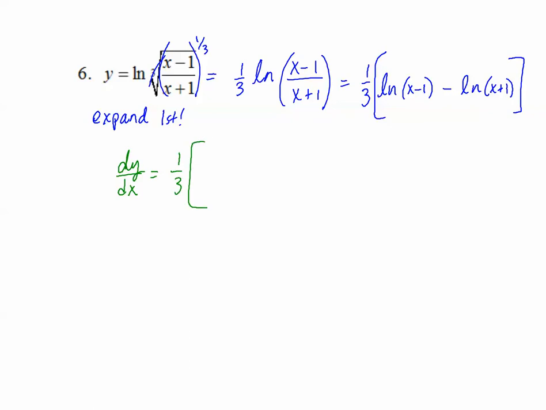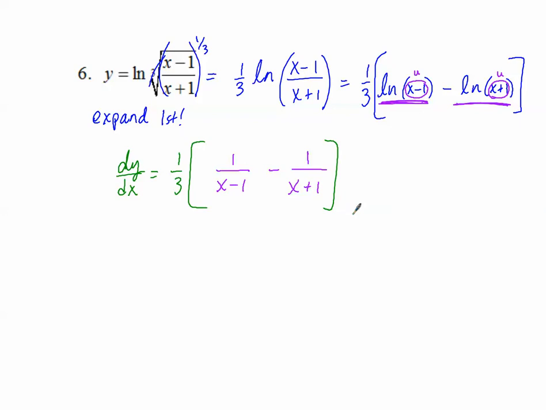Now I look at my first, and I think here's my u inside the x minus 1. U prime is 1. U is x minus 1. Notice how there's no natural log in the derivative. Minus, over here, next expression, the u is inside x plus 1, so its derivative again is 1 over x plus 1. And those are all those natural log expressions, and I have a derivative.